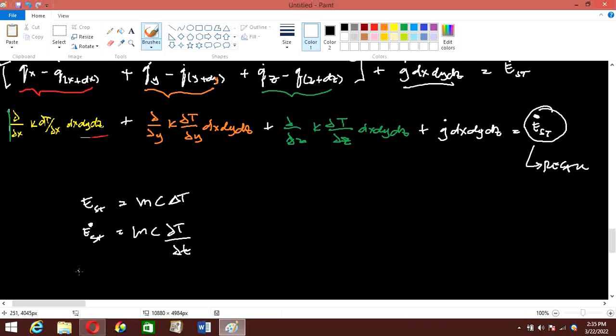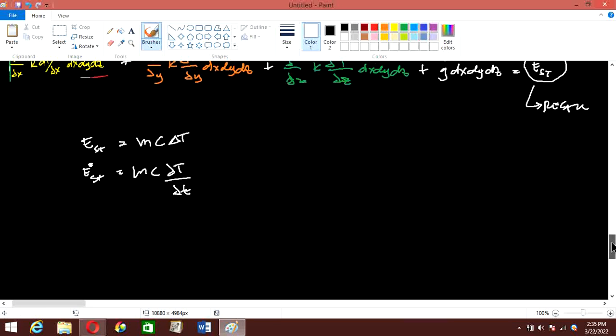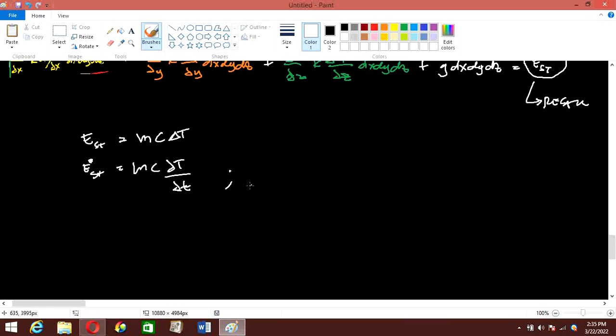Okay. So having this expression mc delta T, also recall that our density is equal to what again? Mass over volume, right? And our volume here, say this is our element, is the product of dx, dy, and dz, right?